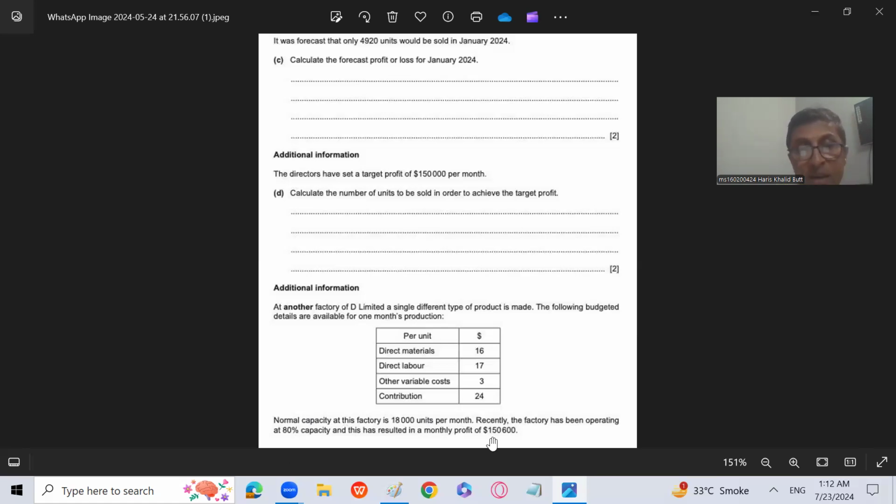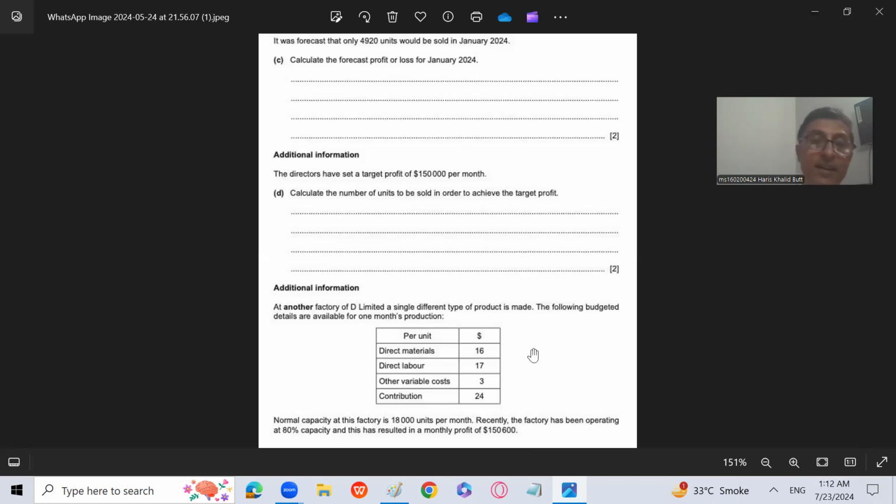And the profit is given 1,50,600. You can easily understand that if you have profit with you, and contribution is also given, if you add contribution plus all variable cost, you will get the selling price.